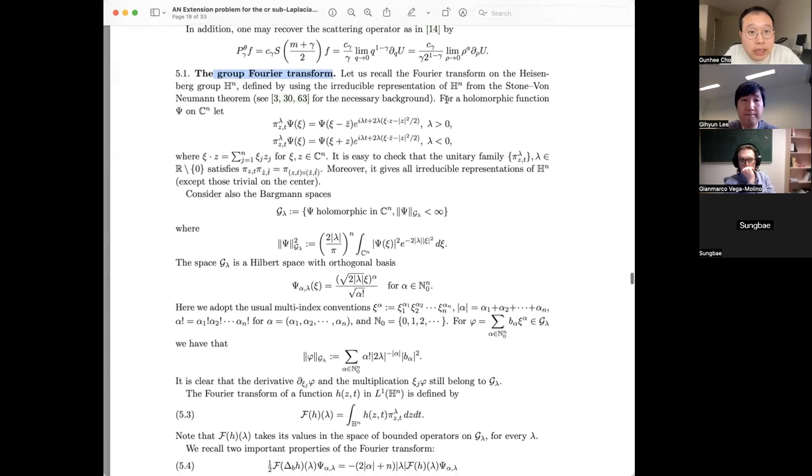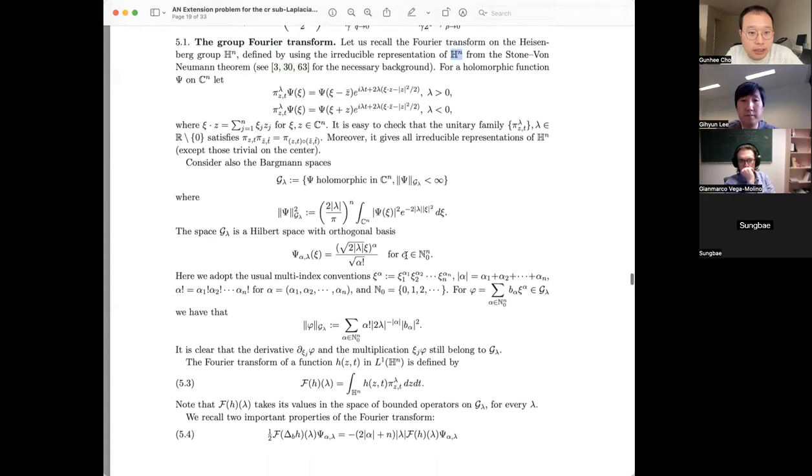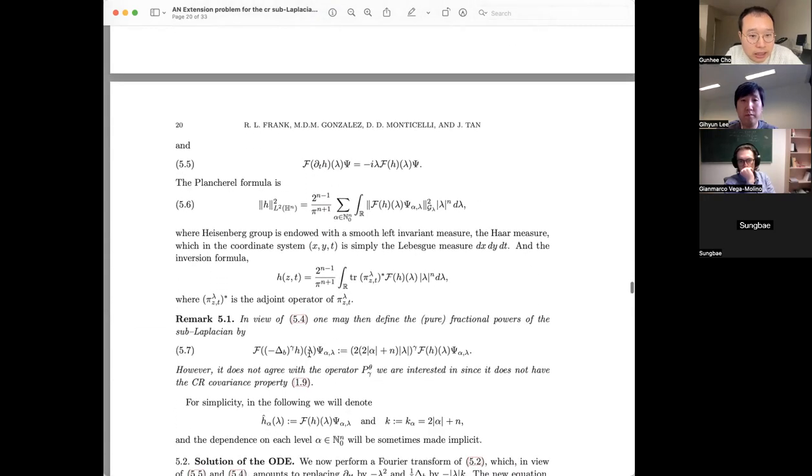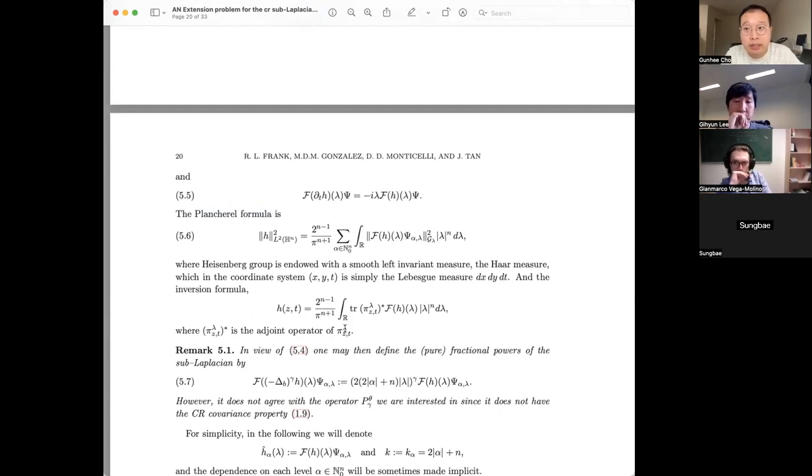So one can consider the natural Haar measure on the Heisenberg group, and then by using that, one can define the Fourier transform and also its inverse. And the essential property should be this guy. So we know what this is. It's an isometry. So at least in the case of the Heisenberg group, there is some natural Fourier transform that we can consider in terms of this relation here. That's one thing. And this one is comparable with the sub-Laplacian, including the fractional analog as well.